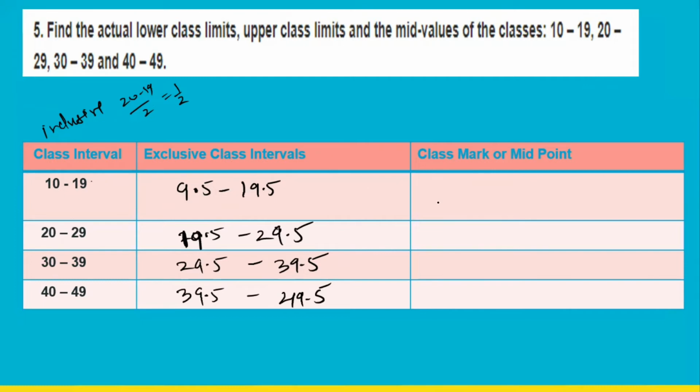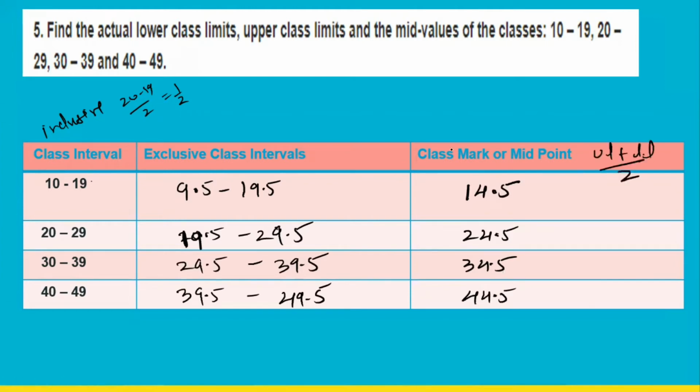So 29 divided by 2, we get the class mark or the midpoint of this as 14.5. For the midpoint of 20 and 29, or 19.5 to 29.5, we get 24.5. The midpoint of this class interval is 34.5. And the midpoint of the last is 44.5. Got it? So class mark or midpoint is upper limit plus lower limit divided by 2.